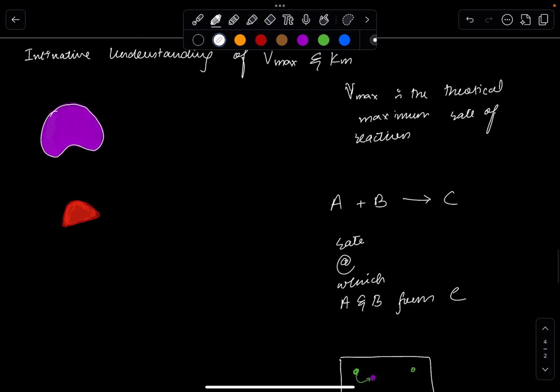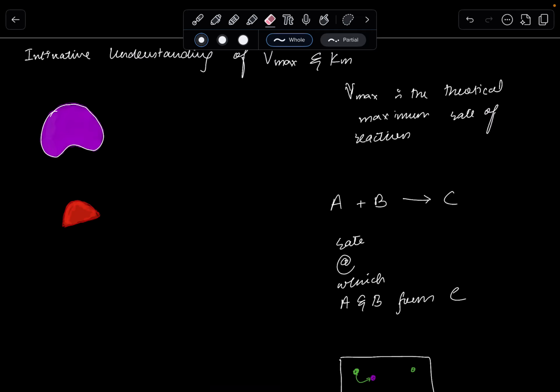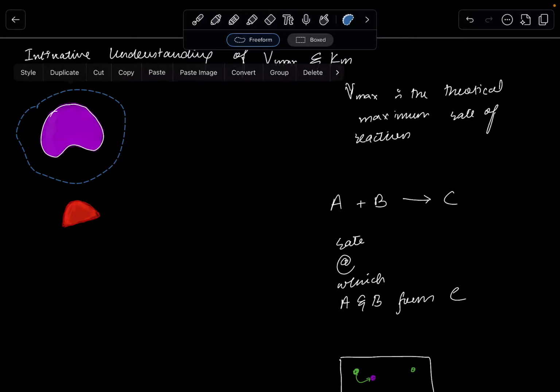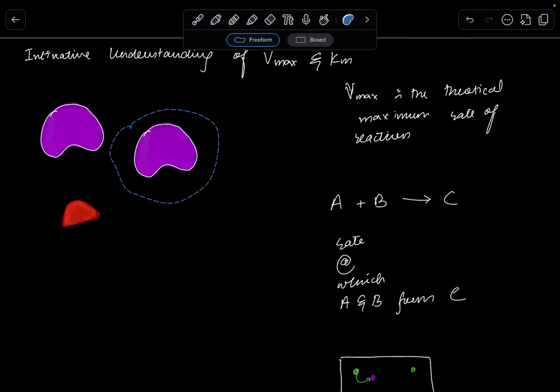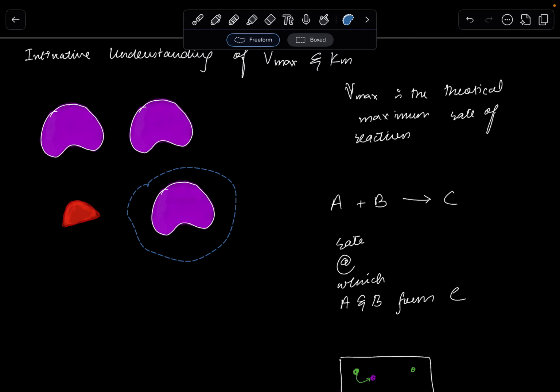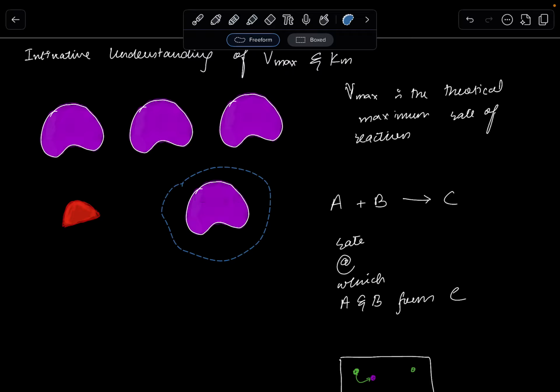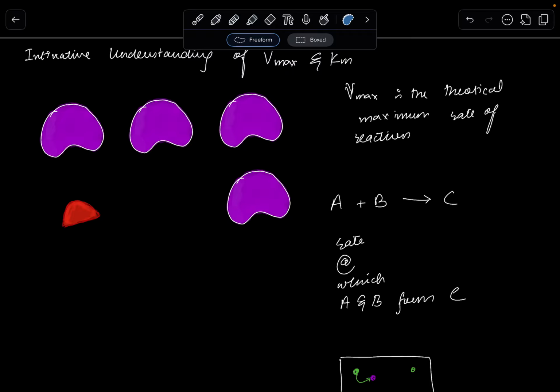And so if you look at enzymes, let's say in a particular setup, I have 3 enzyme molecules. 4. Let's make it 4. Let's make it an even number. Let's say I have 4 enzyme molecules.